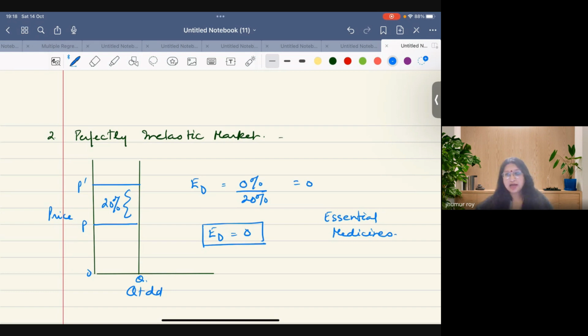On the other hand, suppose the chemist says, oh, there's an offer, you are getting 10% off on medicines. Will we sit down and eat more medicines? Do you think that if there's a discount, you will eat more medicines for fever or cough and cold or whatever?